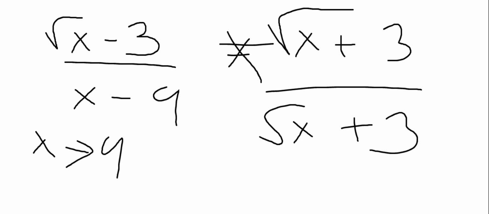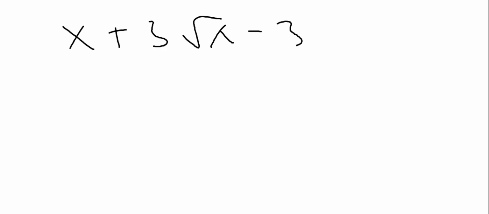So when we multiply this with the top part, when we multiply this with this and this with this, we find that we are getting x plus 3 square root of x minus 3 square root of x minus 9.